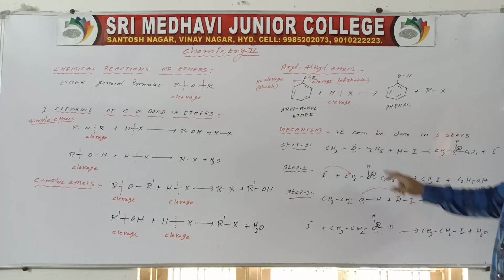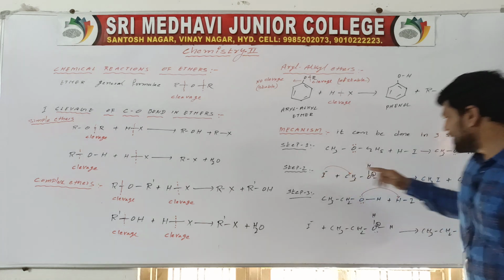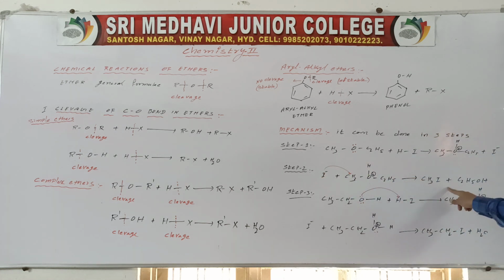In step 1, ether reacts with HI, it forms a protonated ether and I minus cleaves. Then I minus reacts with the protonated ether, it gives us CH3I and C2H5OH.